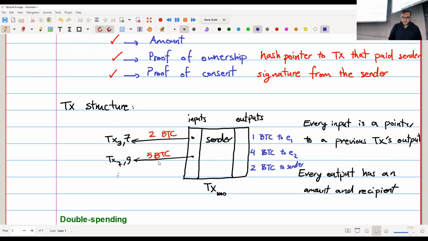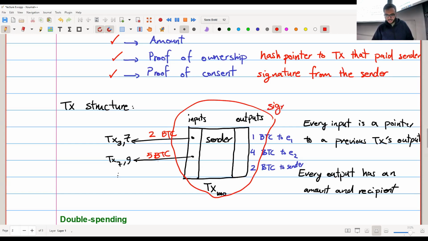And of course, you need a signature on this whole thing, and the signature should be by the sender.